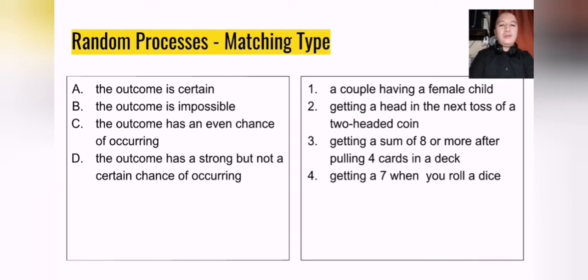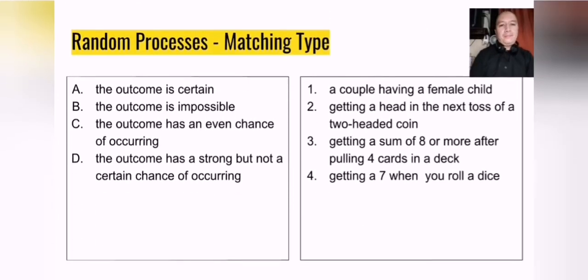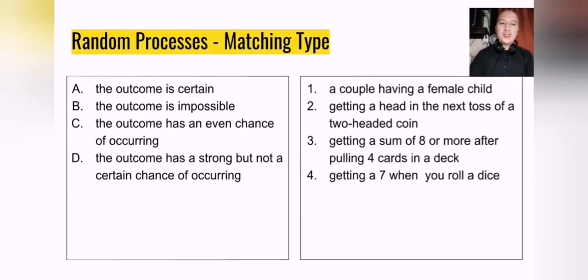On the left side, you can see some examples, and your choices are on the right side. What I would like you to do is match these examples, and I'll give you a certain time to do it. If you're done, let's look at the answers.